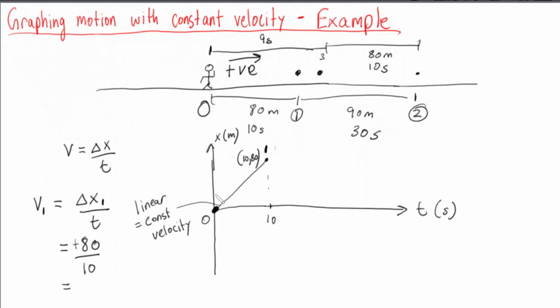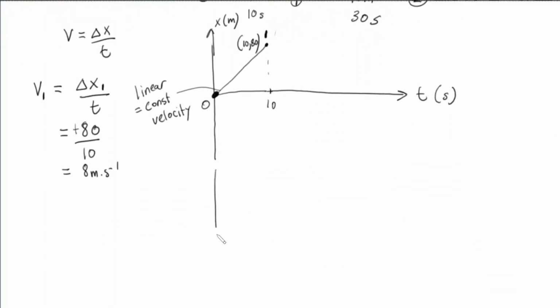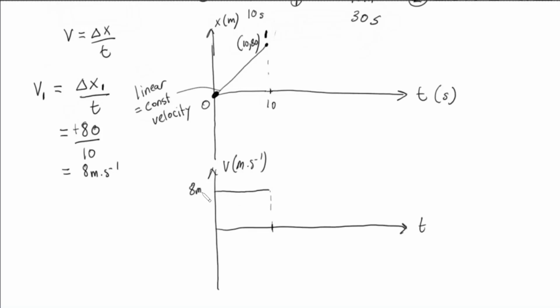So we get a velocity for this section of 8 meters per second. And we can show that on a velocity time graph as a positive straight horizontal line, because there's no change in velocity, since it's constant and in the positive direction. So we can mark this as our first stage.